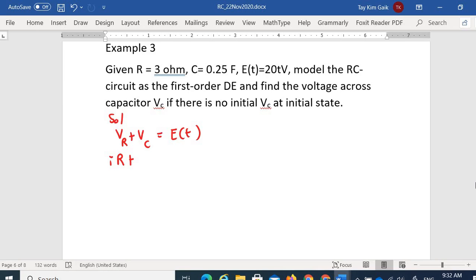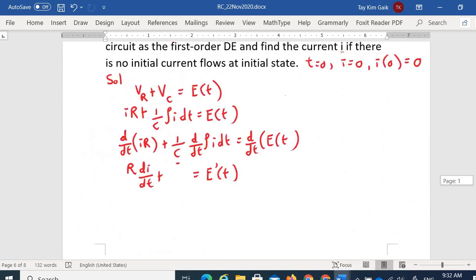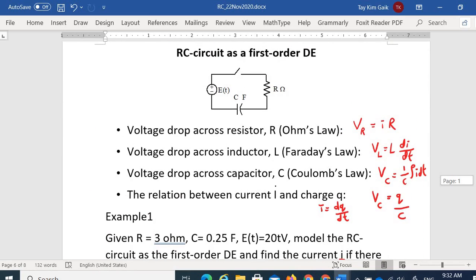We want to solve in terms of VC, so I maintain VC equal to ET. And you know, VC is actually 1 over C integral I dt. When you look back at your RC circuit, you have the same I, right?